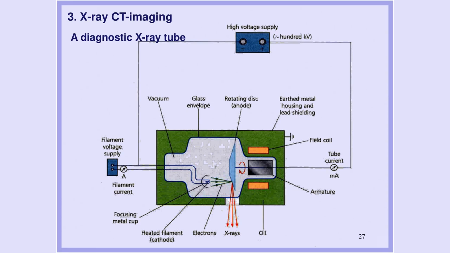The electrons are first emitted from a heated filament by a process called thermionic emission. These electrons are then accelerated across the evacuated X-ray tube under the action of a large voltage across the tube, the filament forming the negative cathode and the target being the positive anode.